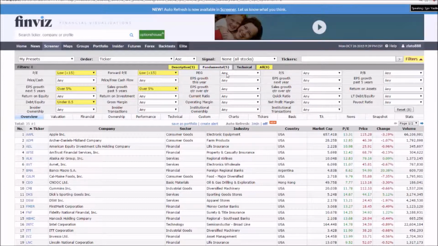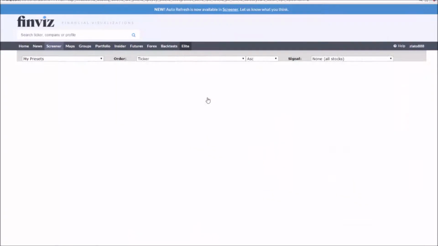For some people, price earnings to growth is important as well. You can choose that. I will leave it for now, because we already inserted earnings per share growth. We can look at whether the company's earnings per share were growing this year, and I will just put positive.